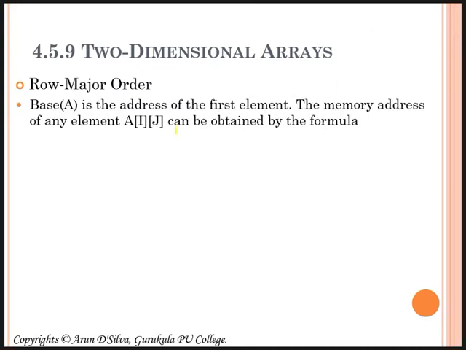I'll give you the picture of how exactly row major order and column major order work. In row major, base of A is the address of the first element, and the memory address of each element A of ij can be obtained by the formula: location of Aij equals base of A plus W into n into (I minus LB) plus (J minus LB).